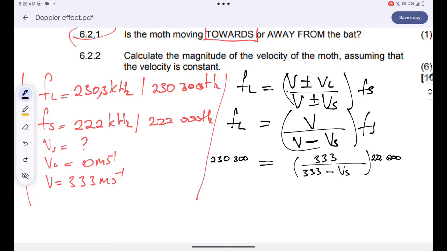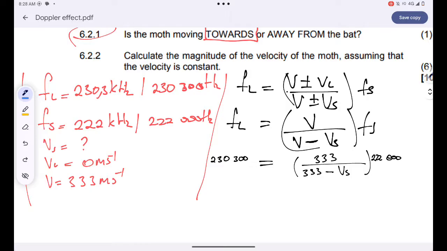Okay, all I have to do now, guys, is to solve for Vs. If you get this part, I'm happy, because it simply means that I'm doing a good job. You understand physics. The rest is just mathematics.